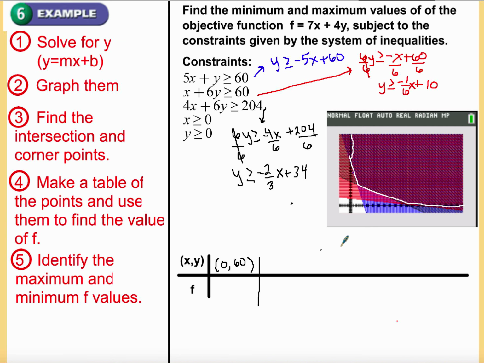So that second point that's pretty interesting is the point (6, 30). And basically I'm just looking at all of these restricted points along the edge of our graph. This point right here where it hits the x-axis is another interesting point. And we can find that.